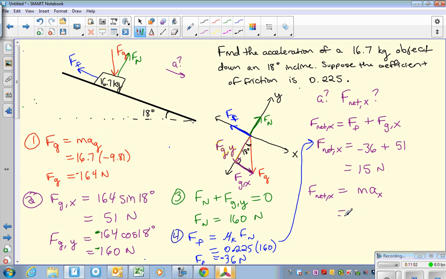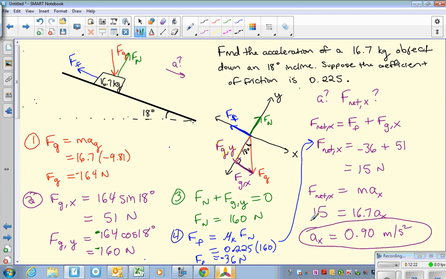And so mass 16.7, acceleration is what we're looking for, and 15 newtons goes here. Acceleration will have two significant figures, so 15 divided by 16.7, 0.898. With two significant figures, that will round to 0.90 meters per second squared. That is your final answer.